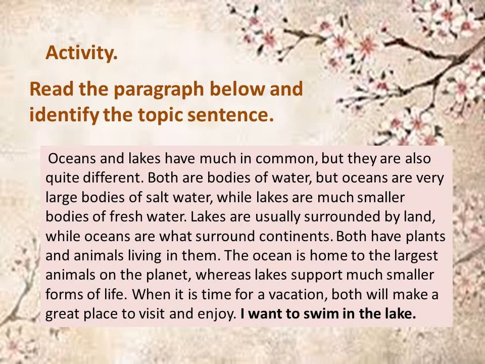Lakes are usually surrounded by land, while oceans are what surround continents. Both have plants and animals living in them. The ocean is home to the largest animals on the planet, whereas lakes support much smaller forms of life. When it is time for a vacation, both will make a great place to visit and enjoy. I want to swim in the lake. So you are going to identify where the topic sentence is.